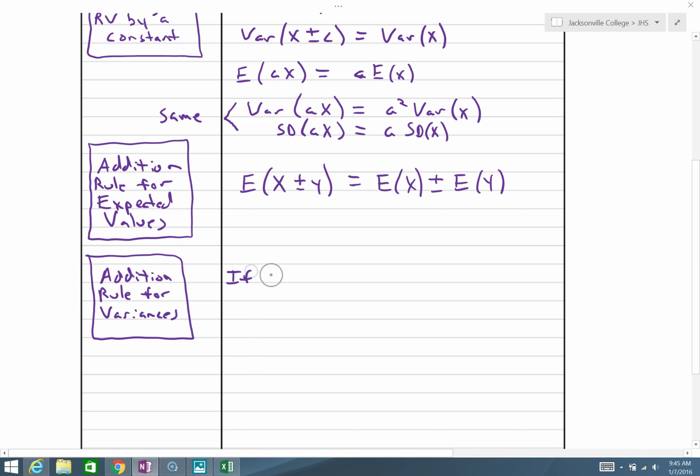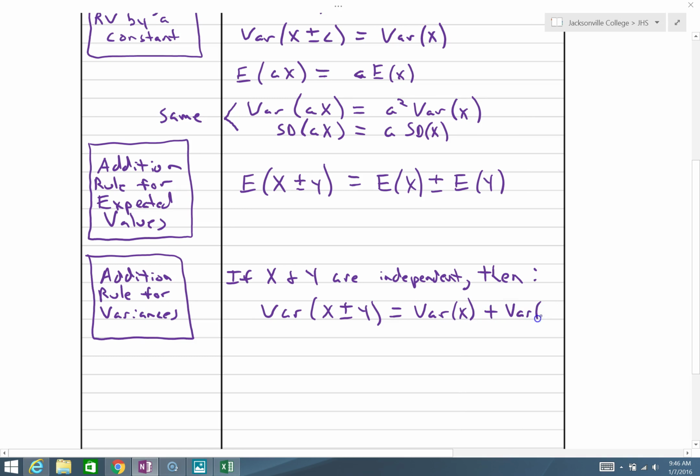If x and y are independent, okay, so if they're not independent, this rule doesn't hold, then the variance of x plus or minus y will be equal to the variance of x plus the variance of y.